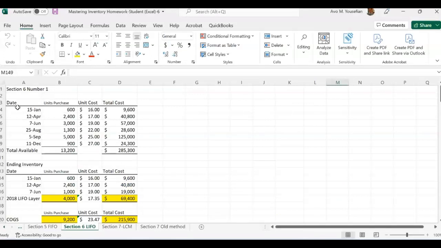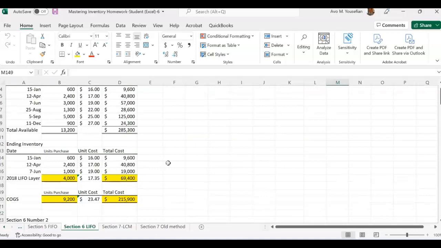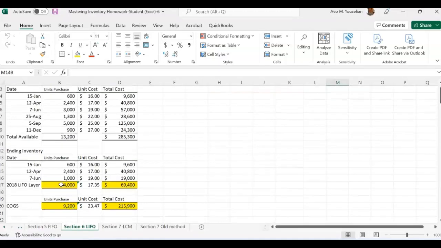So if we look at the Excel, it is showing that we purchased the units from January all the way to December. Total 13,200 units. The beginning inventory is 0 because it's a startup company, so there is nothing at the beginning. So ending inventory is, as you see here, 4,000 units because we counted physically, right?